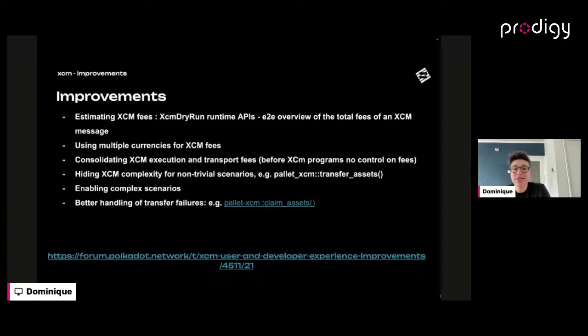Again, in pallet XCM, which I mentioned, a very good interface to interact with to build XCM messages, we have the extrinsic claim assets, with which you can claim the tokens that are trapped. There's a whole guide on how to do that, and it explains how it happened. So if you need more information about that, let me know.